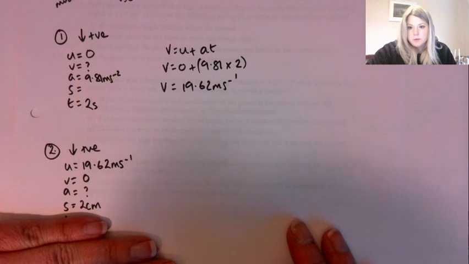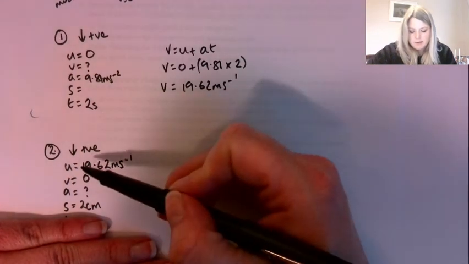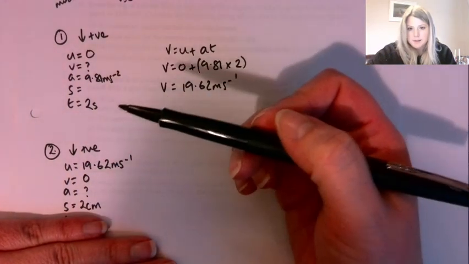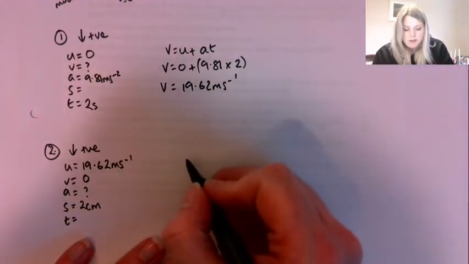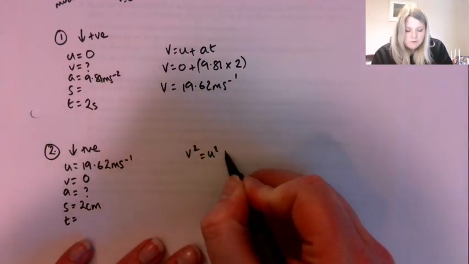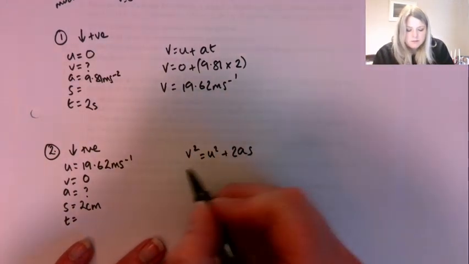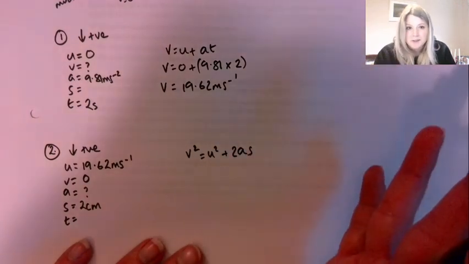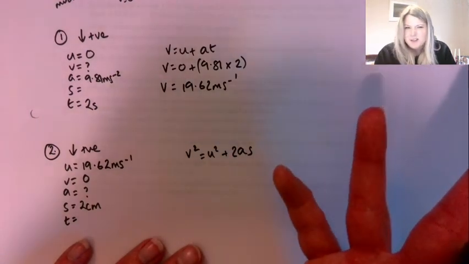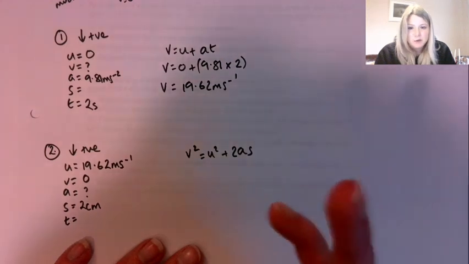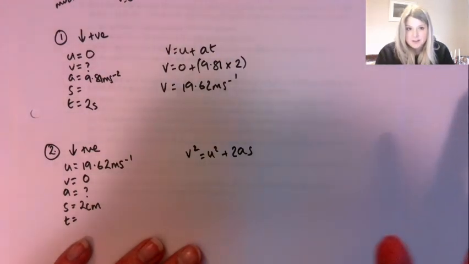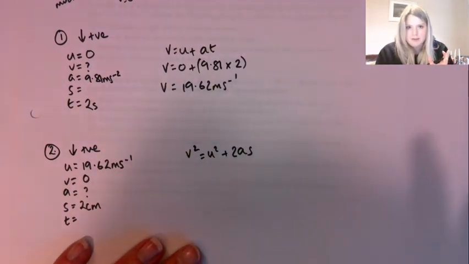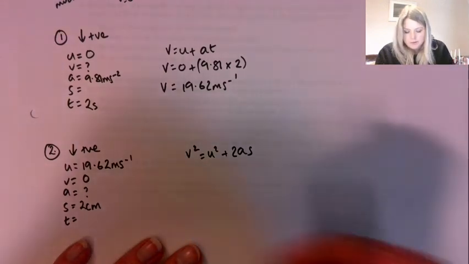So I know I can ignore T, so I'm thinking, what links U, V, A and S? V squared equals U squared plus 2AS. Now, these questions are so much easier whenever you know the equations of motion off by heart. So if you're not at that stage yet, work to be at that stage, because it makes it 10 times easier.